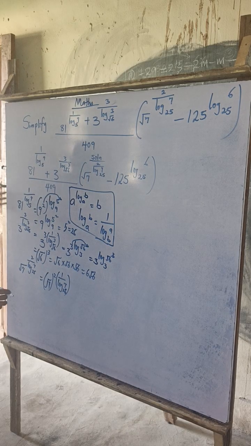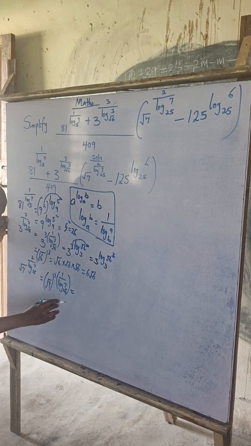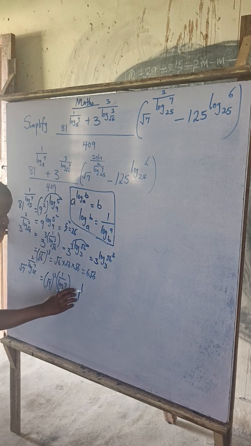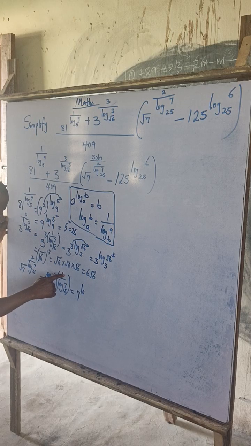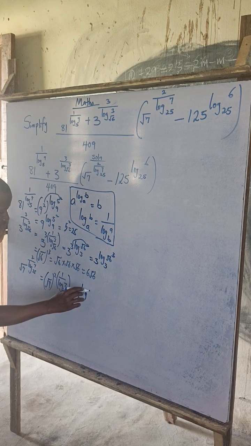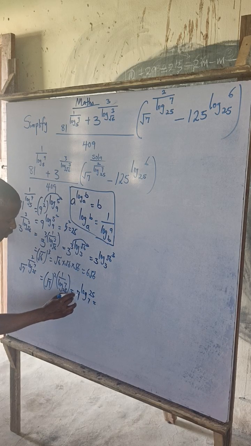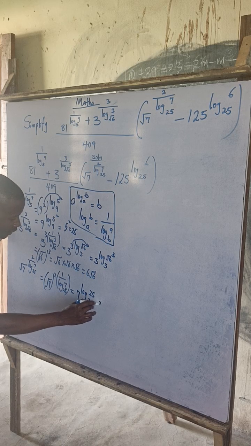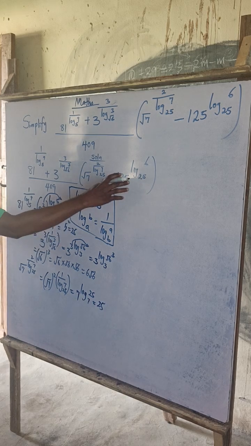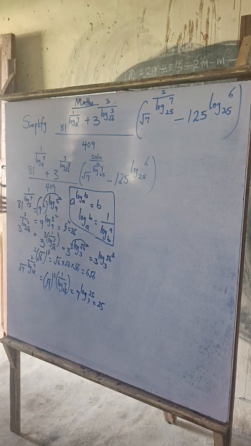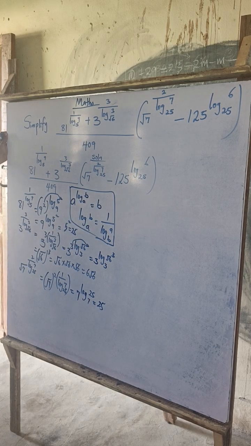This root 7 raised to power 2 can be written as 7, then 1 over log 7 to base 25 can be written as log 25 to base 7. When simplifying this, we have 7 raised to power log 25 to base 7, which will also give us 25.